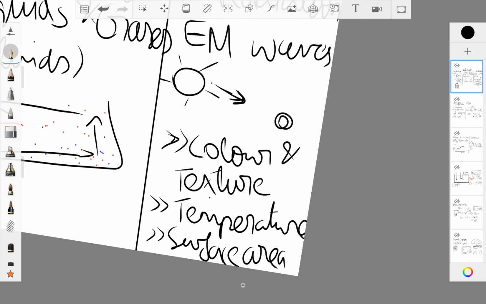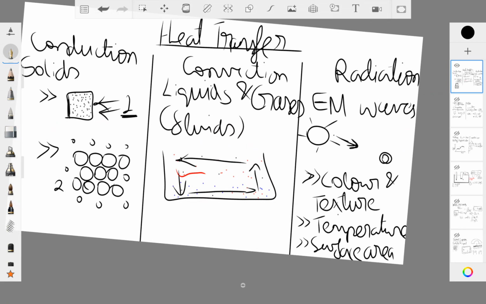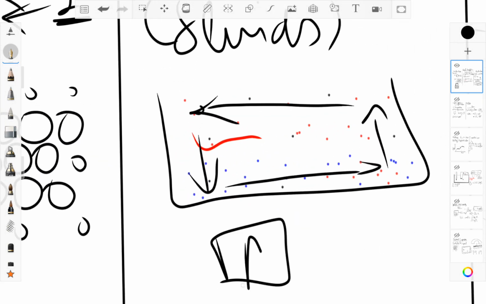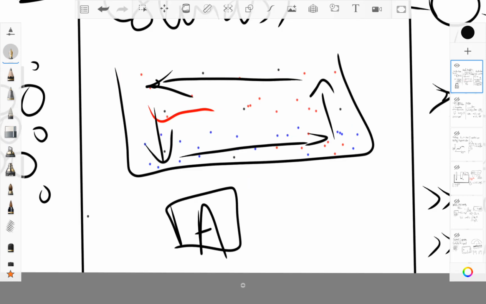Again, looking back at the syllabus, you should also know that for an object such as, let's say, object A to be at a constant temperature of, let's say, 5 degrees Celsius, it needs to transfer heat energy away from itself at the same rate that it receives heat energy.